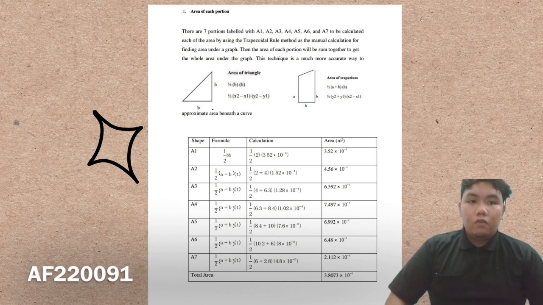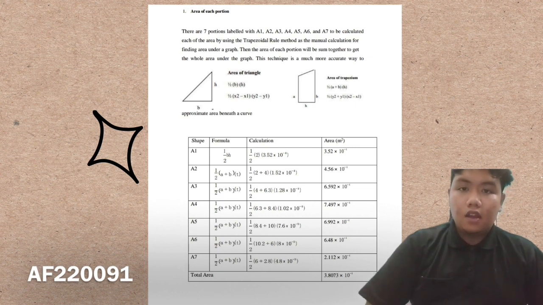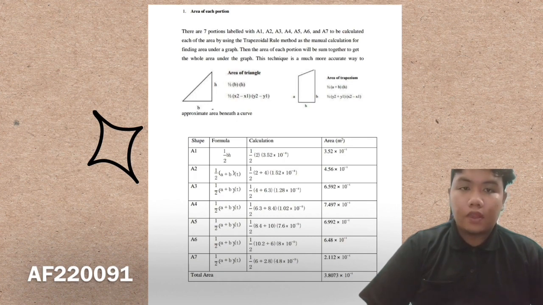The second formula, the area of a trapezium, is 1/2 (a plus b) times h, and the second one is 1/2 (y2 plus y1) times (x2 minus x1). From the table, we calculate A1 until A7 to get their area under the graph. And that's all from me.